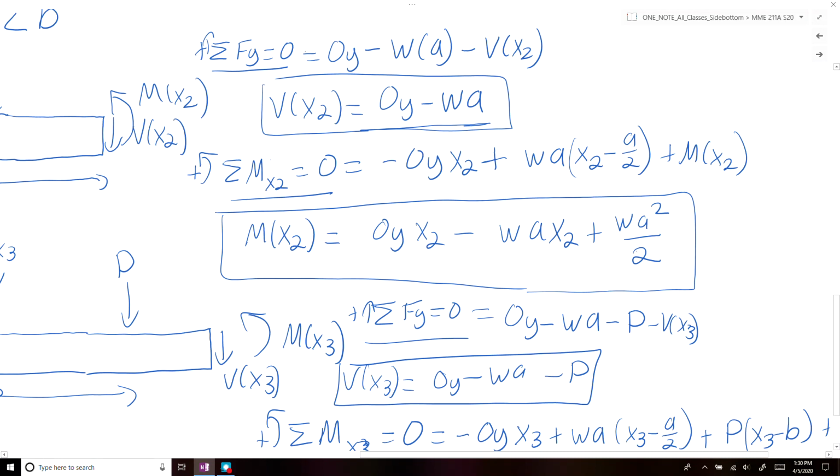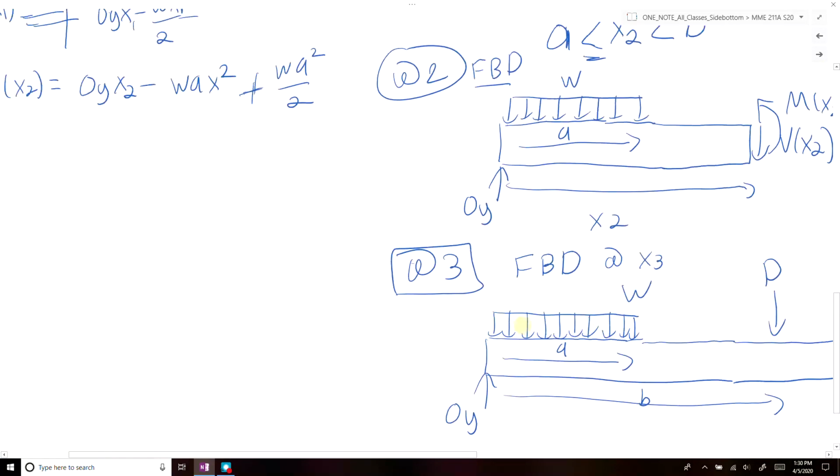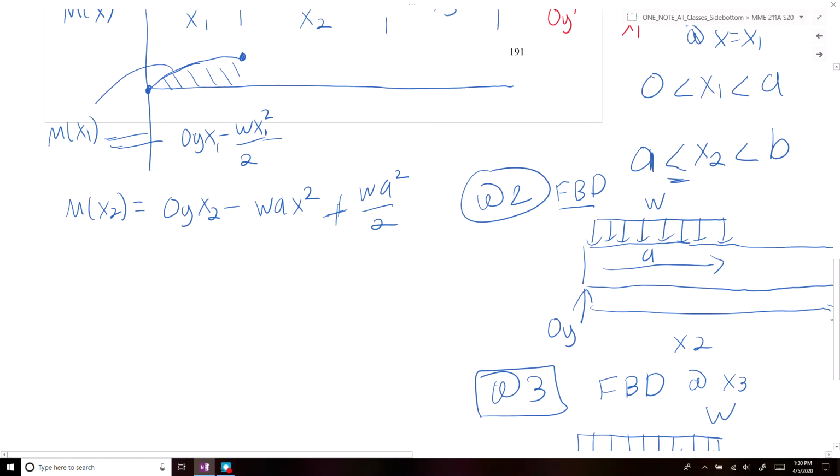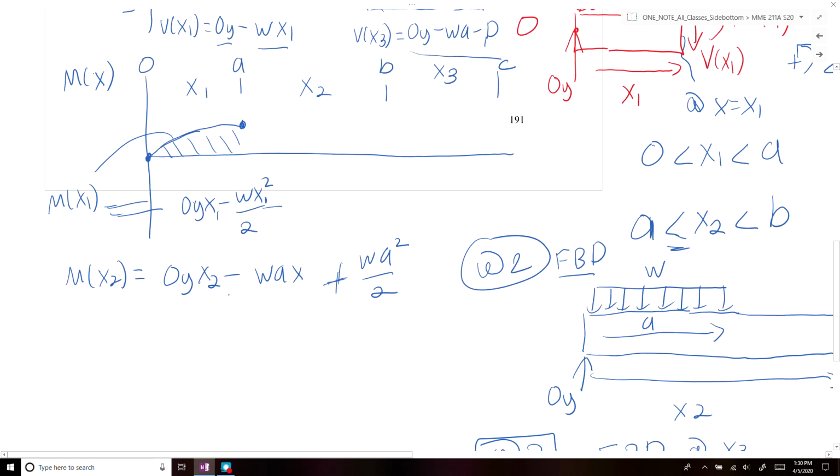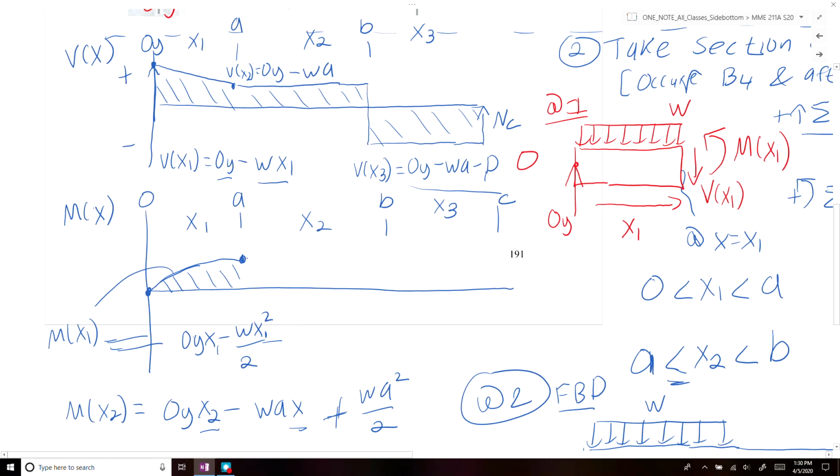All right. So in this case we have only a, so this should not be x squared, it should be x. All right, and so we have in this case just everything to the power of 1, so this would be a straight linear line here. All right, so this would be our second part of our moment diagram.